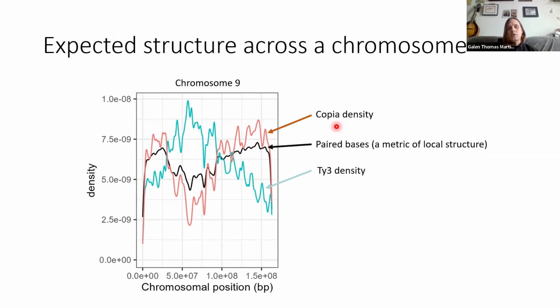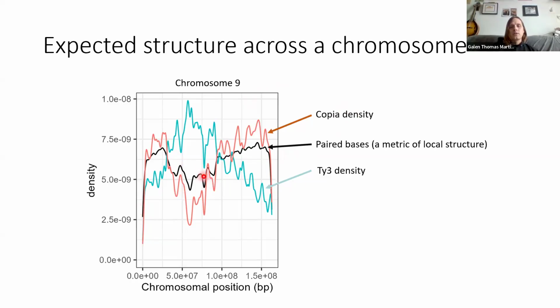Whenever you look across the maize genome, you're mostly looking at copia elements because copia and TY3 are so extremely abundant. But here, what this is showing is across one of the chromosomes in maize. This is chromosome 9 in maize.